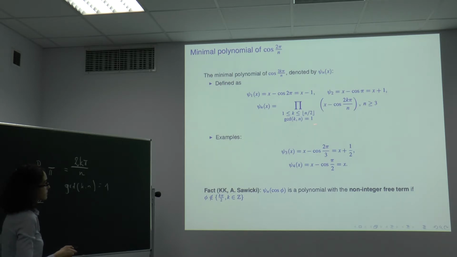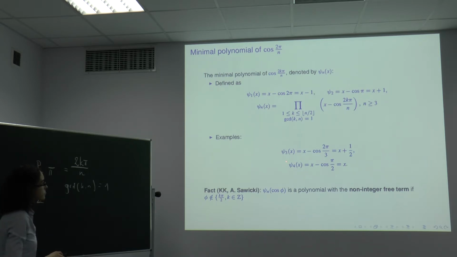In general, it can be defined as a product over all cosines of 2k over n multiplied by pi, where k is coprime to n, and k is smaller than n divided by 2.